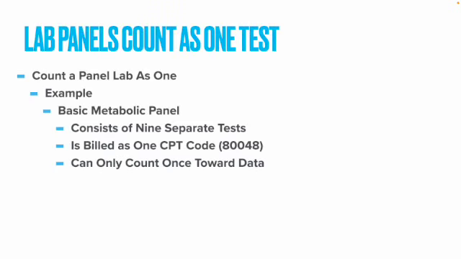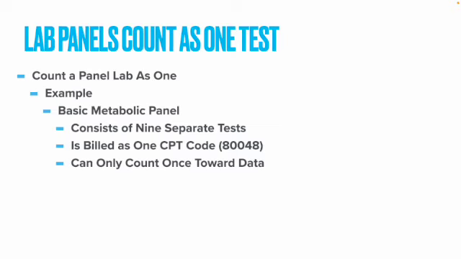All right, speaking of labs, lab panels count as one test. So if the provider orders a lab panel, for instance, the basic metabolic panel, you can only count that once. It consists of nine separate labs, and each one of those labs has its own CPT code. It doesn't matter.